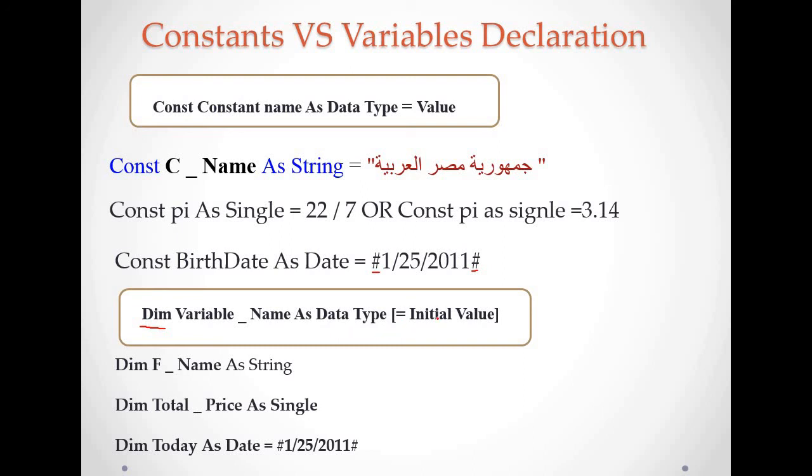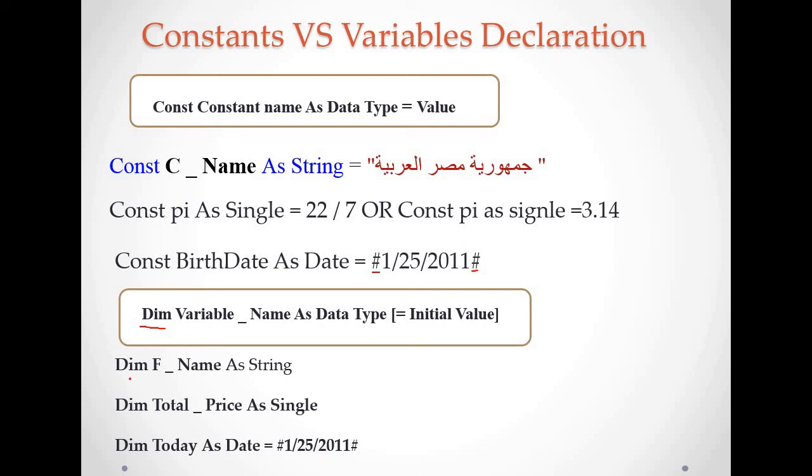Then the value. But remember, in the constant we have the fixed value, so we have the equal sign. But in the variable we will not have this because it is unknown. We don't know the value of this. It is variable, except the date, because the date can be both variable and constant.